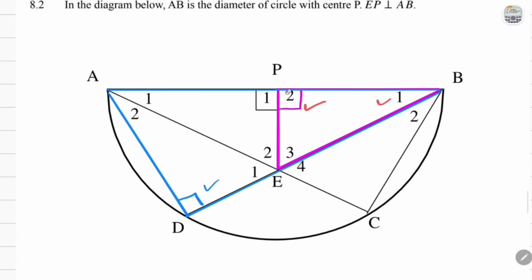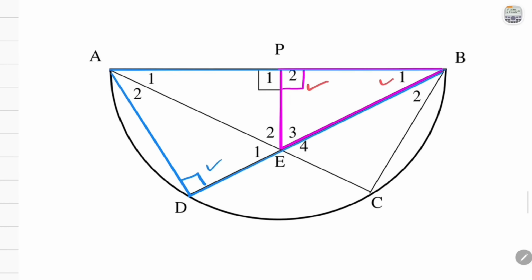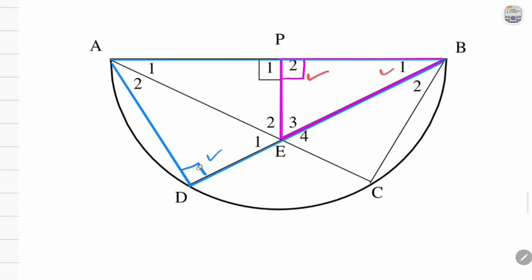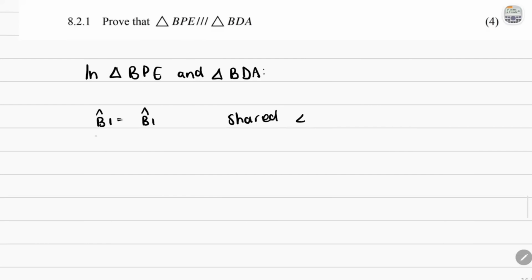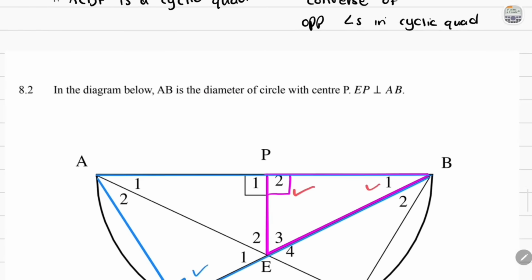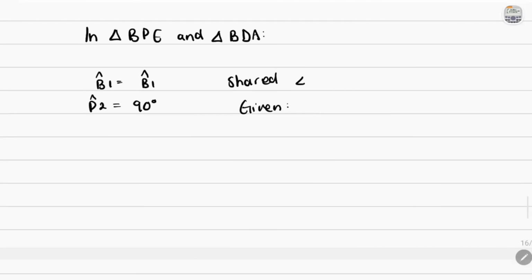We have these two. So angle P2 is already 90 degrees because they told us those two lines were perpendicular. And we can see that angle D is also 90 degrees. So let's start by telling them that angle P2 was equal to 90 degrees because this was given. We were initially given that EP is perpendicular to AB.